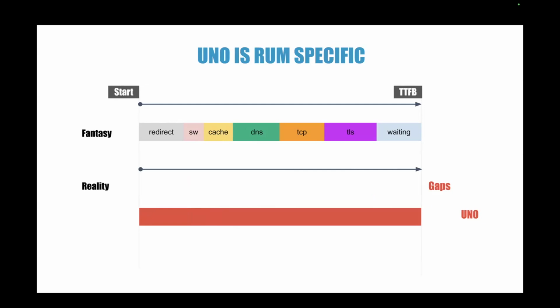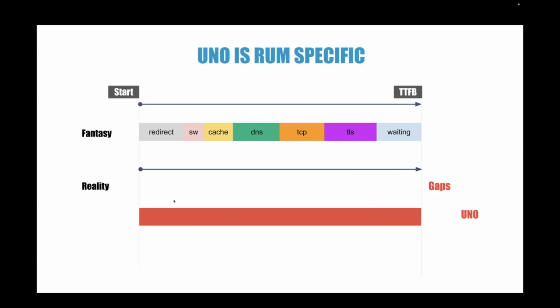And then what is the most popular RUM tool in the world? CrUX. Now, what is the UNO value in CrUX? If you look at CrUX, you only see time to first byte. You don't know what a DNS lookup was. You don't know what TCP was.